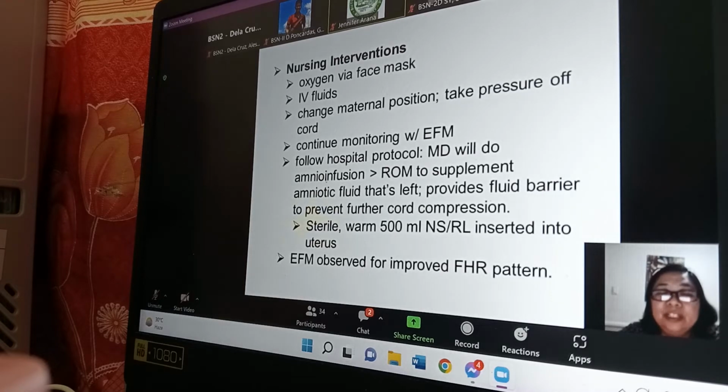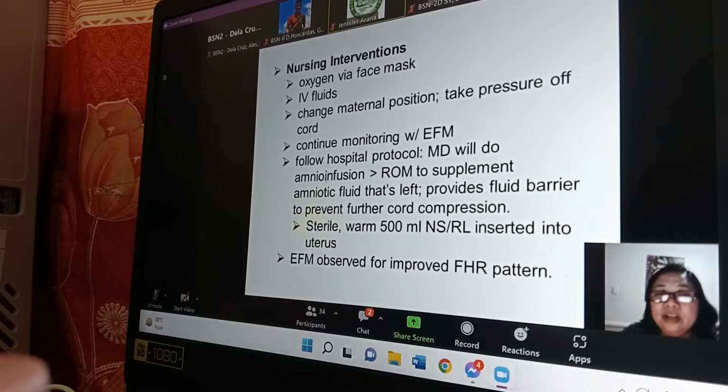And then continue monitoring with external fetal monitor. Follow hospital protocol. Usually the doctor will do amnio infusion to supplement amniotic fluid that's left. This will provide fluid barrier to prevent further cord compression.